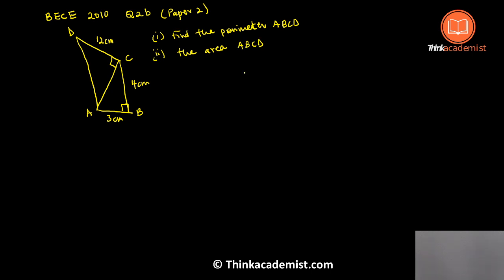Looking at it, we can see two shapes, so let's label them: this is label 1, label 2.